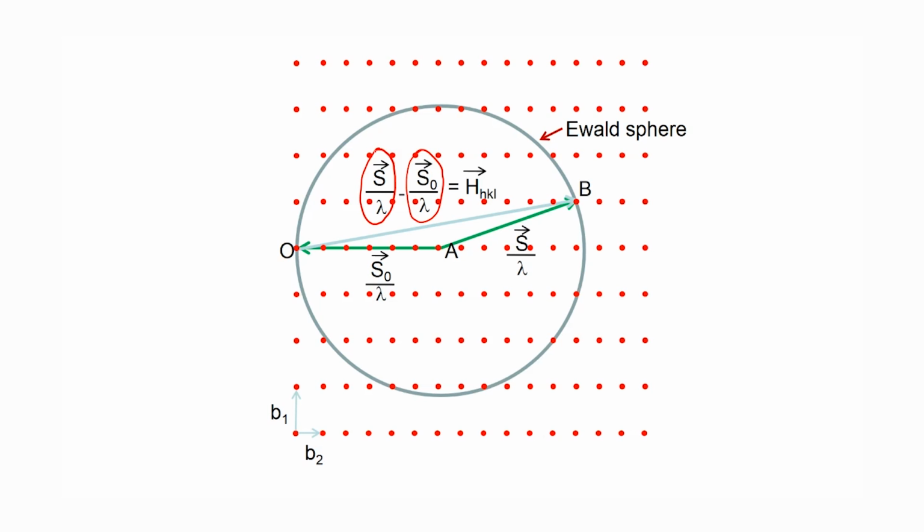So, in that direction we are looking for a diffracted beam. If it equals a reciprocal lattice vector, for example here I have OB, it is a reciprocal lattice vector, okay. So, if the vector difference between these two equals this vector here, then diffraction occurs.